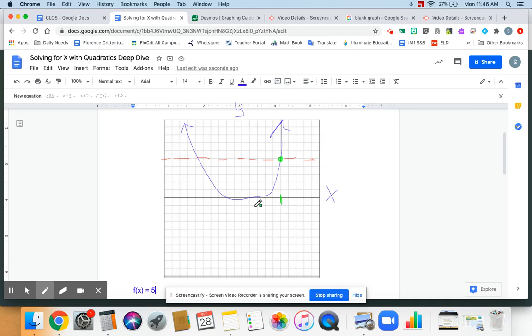Let's count it. It's 1, 2, 3, 4, 5. But also the blue graph hits y being 5 all the way back over here. So if I go down to where that x is, it looks like it's negative 1, 2, 3, 4, 5.5. So negative 5.5.